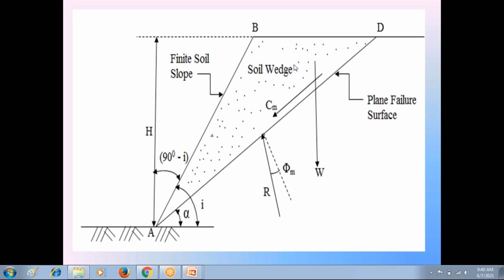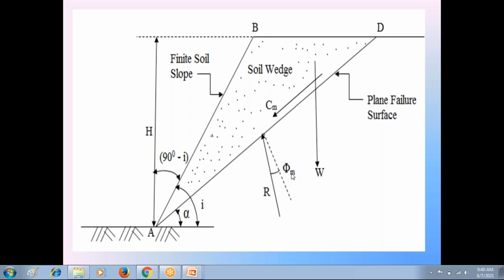Divide that natural angle of friction phi by a suitable factor of safety like 2 or 3. Take that factor of safety as 2 or 3. You will get another angle called phi m. This phi m is the mobilized angle of internal friction, equal to natural angle of internal friction phi divided by factor of safety.